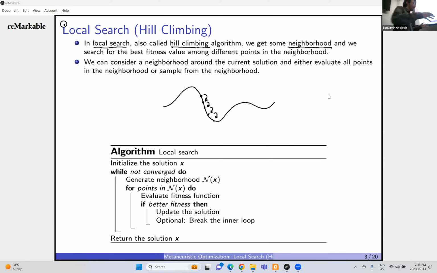So assume I am somewhere in the optimization landscape. We get some neighborhood and we search for the best fitness value among different points in the neighborhood. So what do I mean? Assume I'm in the landscape, and then around myself, in a neighborhood around me, I search.